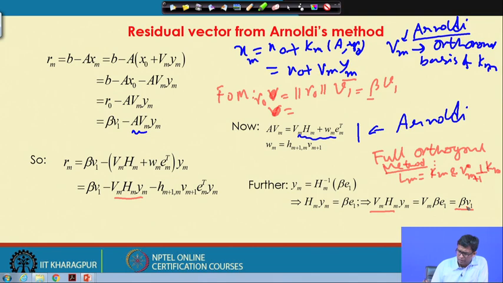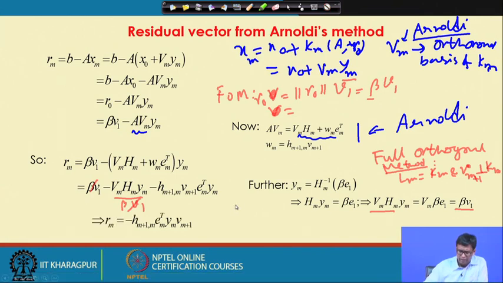So, I can write that this is equal to beta V 1, and they will cancel out. So, I will get that R m is minus H m plus 1 E m transpose Y m V m plus 1.